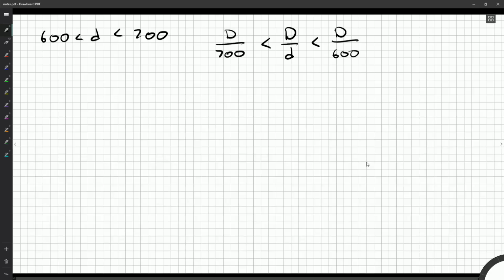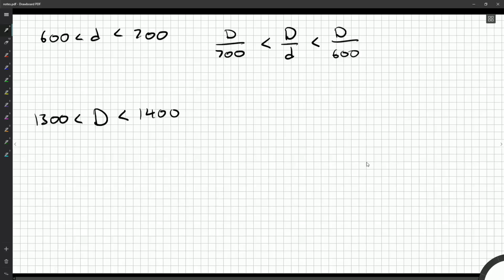Now, we know that 600 is less than d, which is less than 700. If we were looking at D over d and we wanted this to be big, it is going to be less than big D over the smallest possible little d, because if you divide by a smaller number, you get more in each part. And capital D is at most 1400 and at least 1300.